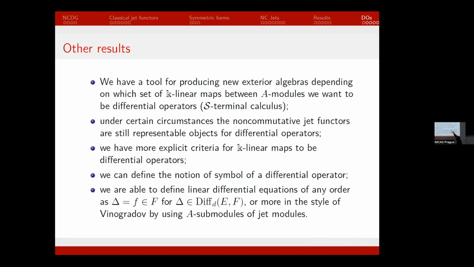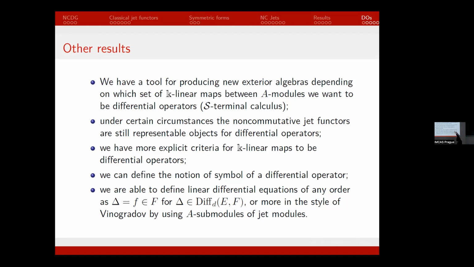Then we have certain conditions under which the non-commutative jet bundles are still a representative object for differential operators. In general, it will have several lifts of the zero map, but if the situation is nice, then we again have the uniqueness of the lift and therefore representability.